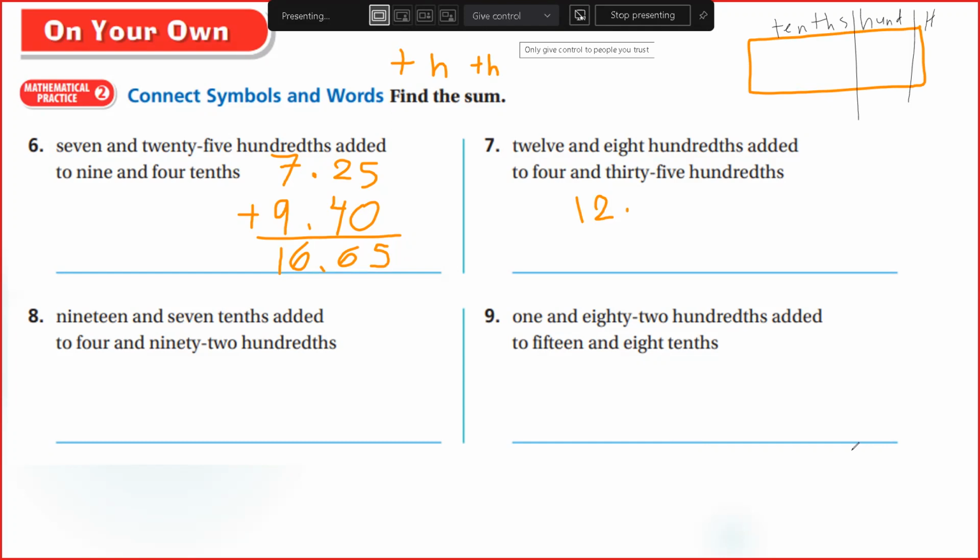And here you have the thousands. Here you have the decimal point, and here you have the ones. Now, I say 12 and 8 hundredths. So 12, where I have to put the number 8? Jumana?